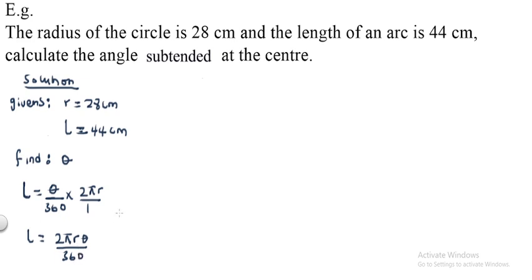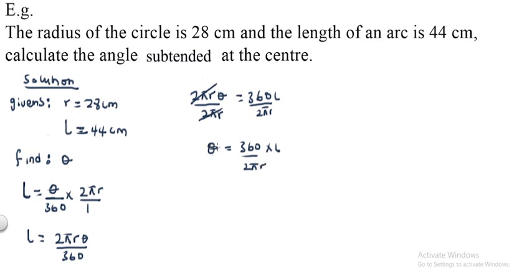We can cross multiply here so that we have 2 pi r theta is equal to 360 L. From here we can divide both sides by 2 pi r so that theta will be equal to 360 times the length of the arc divided by 2 pi r.